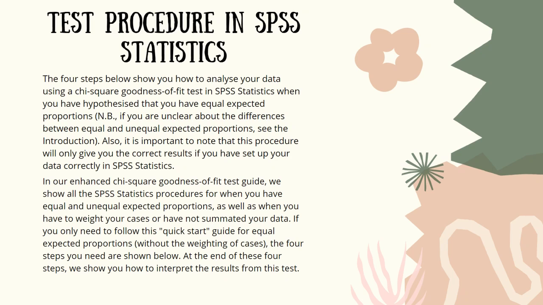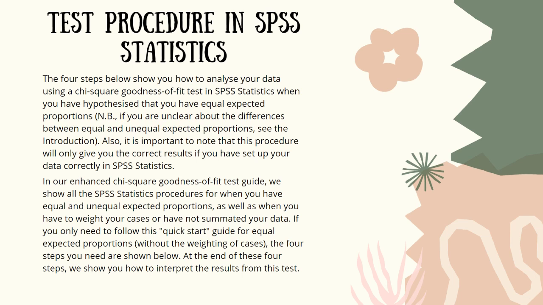Test procedures in SPSS Statistics. The 4 steps below show you how to analyze your data using a chi-squared goodness of fit test in SPSS Statistics, when you have hypothesized equal expected proportions.